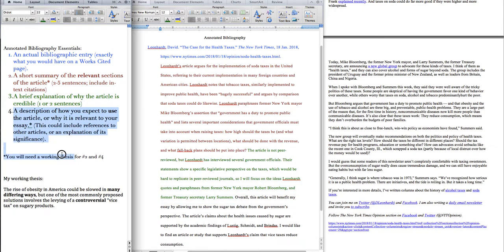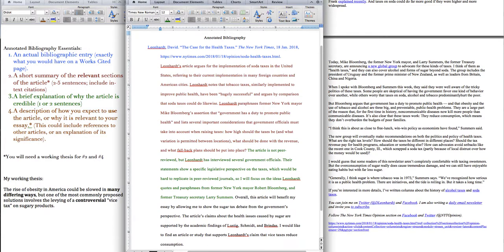And then I have a short description of how I'm planning to use it in my eventual essay overall. So you'll want your annotated bibliographies to have these same components. In particular, try to write a sentence or two for each.